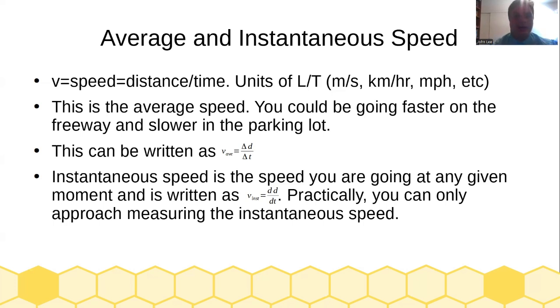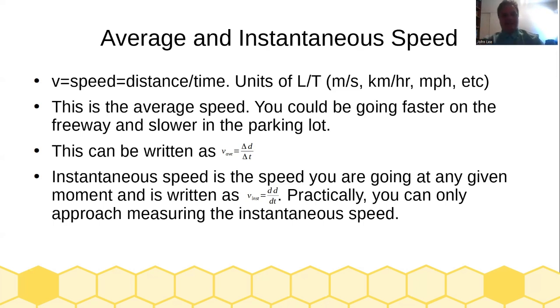This is written as v average, the average speed, is equal to delta d over delta t, where delta means the change in something, and delta d over delta t is the change in distance over the change in time, or the distance divided by a time interval.